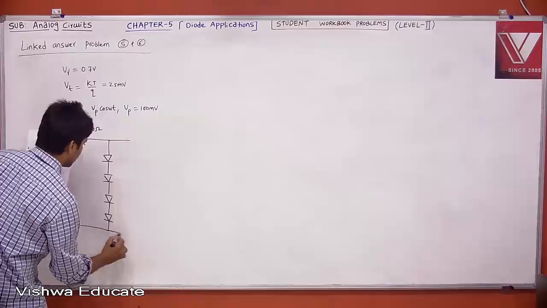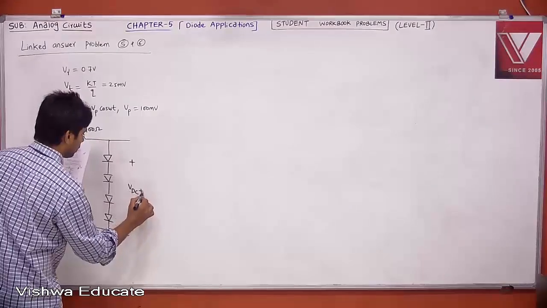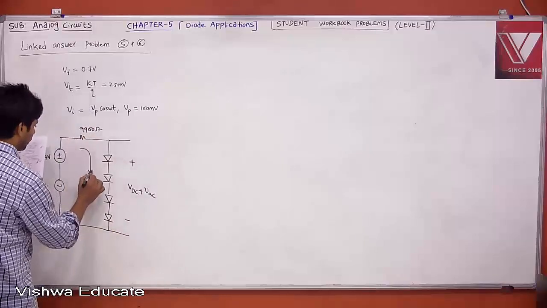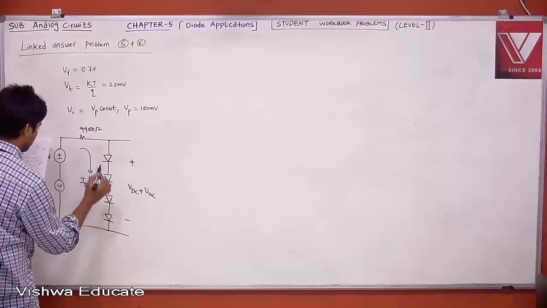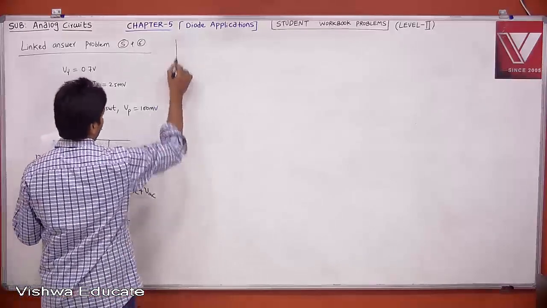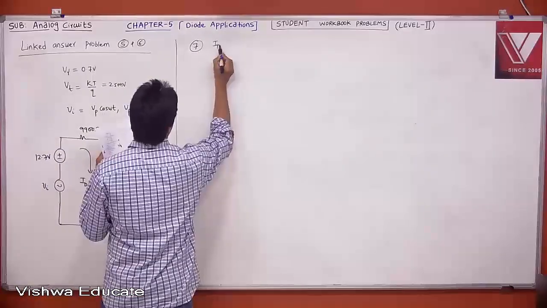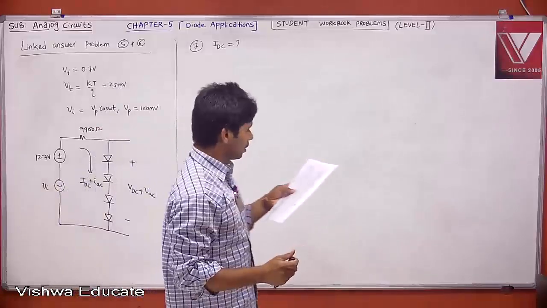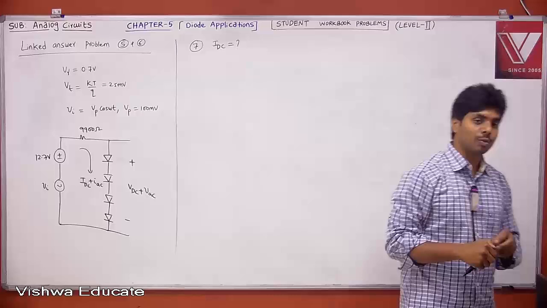Now it is saying that it has VDC plus VAC, similarly IDC plus IAC. If this is the problem, the seventh bit is IDC, only DC current. Then what is the eighth bit? What is VAC, the AC output voltage?